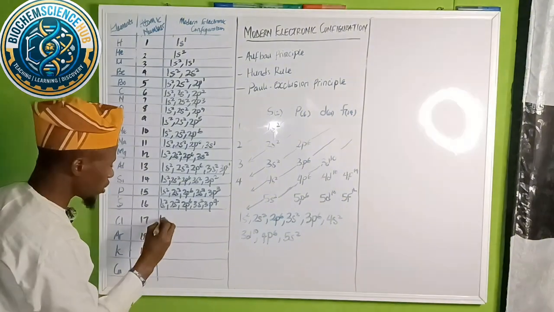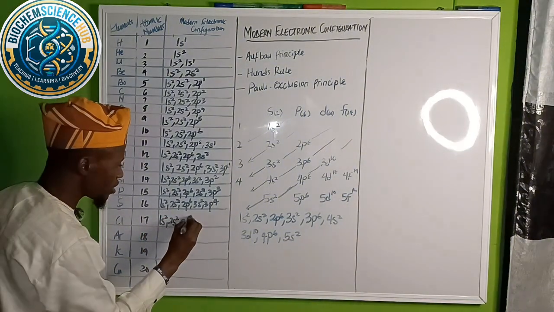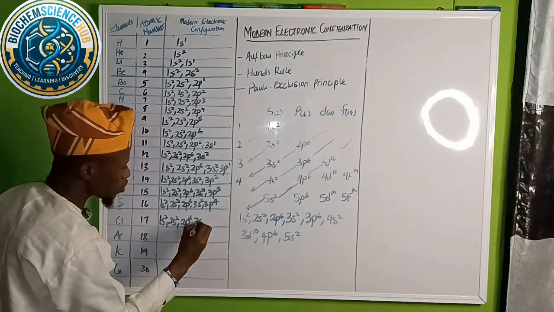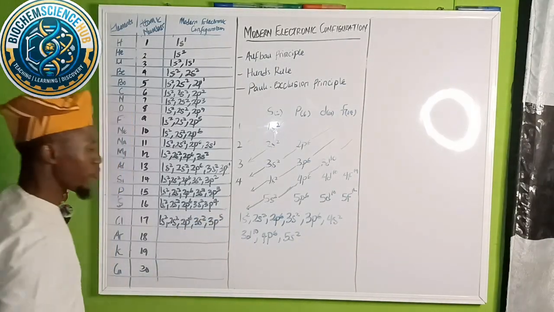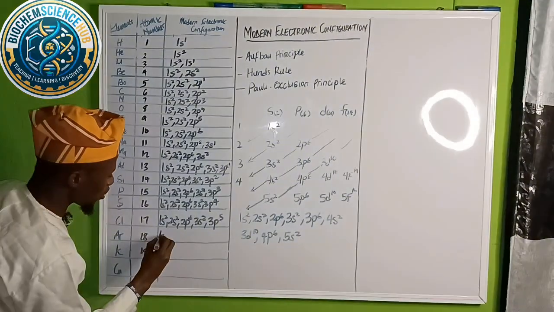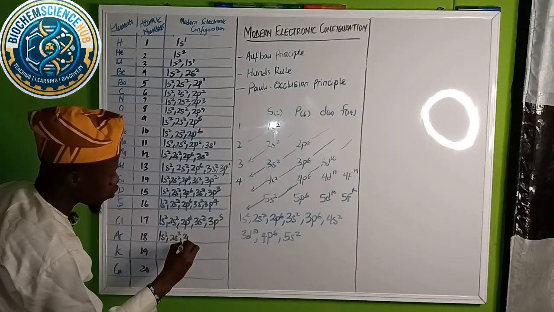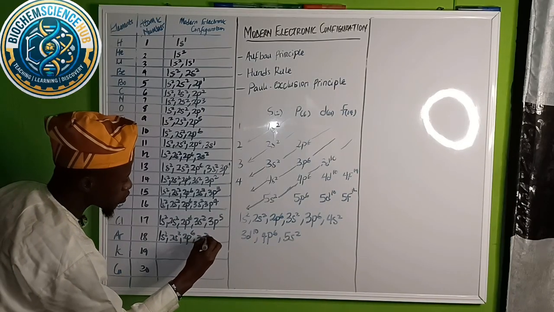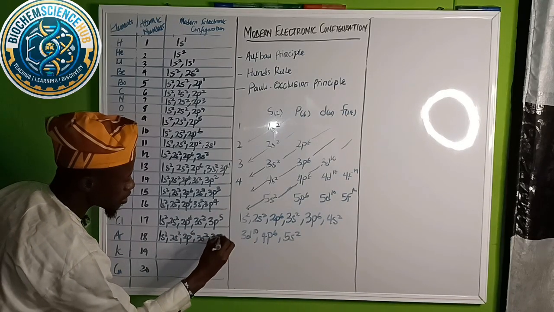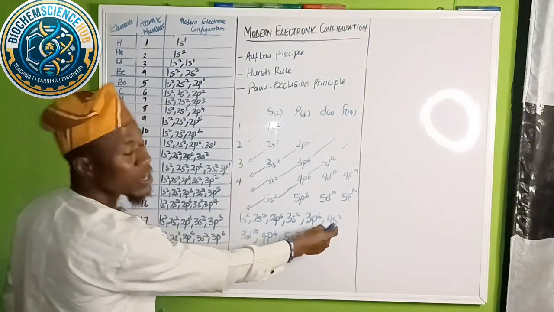We have 1s2, 2s2, 2p6, 3s2, 3p5, right? 1s2, 2s2, 2p6, 3s2, 3p6. So we've occupied the 3p6, then we are moving to what?